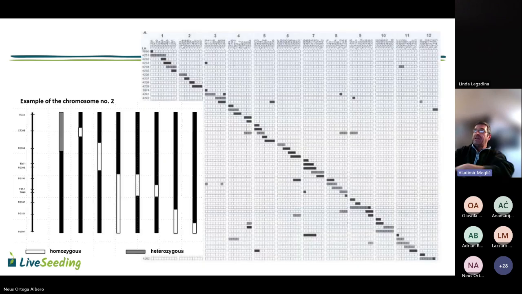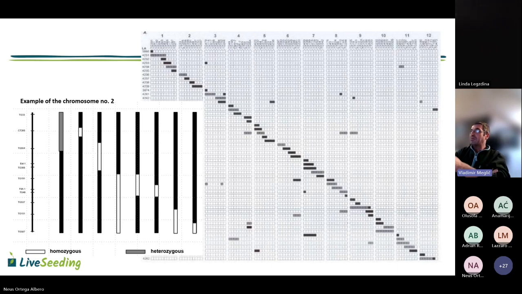Next slide, please. And as was already discussed and shown for eggplant, this was done in a similar way, where we have tried to introgress and follow all the small pieces of the chromosome in each of the Solanum lycopersicoides into the tomato genome, trying to address each chromosome.